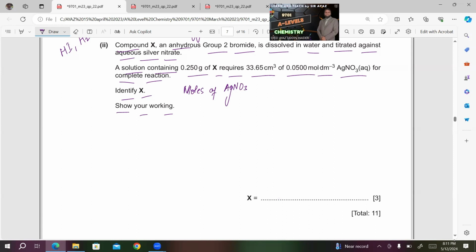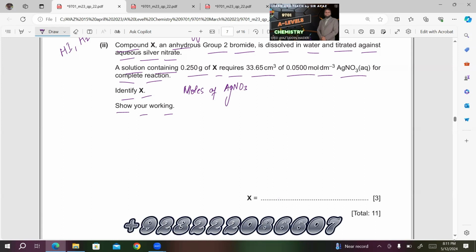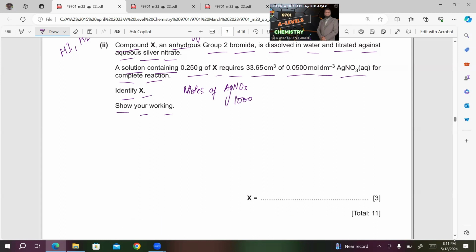So according to this data, 1000 cm³ of solution contains 0.05 moles.